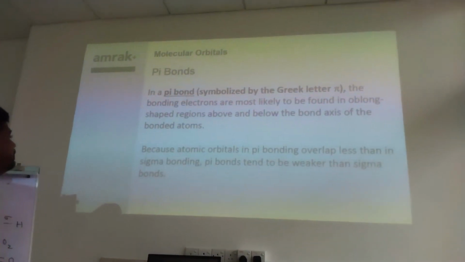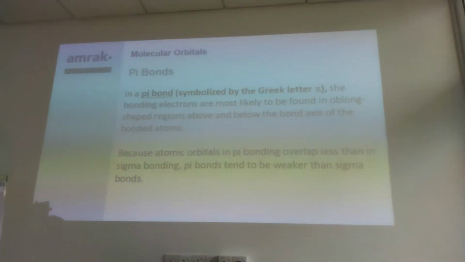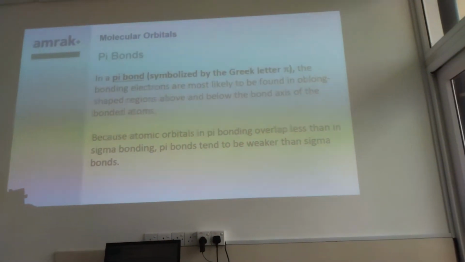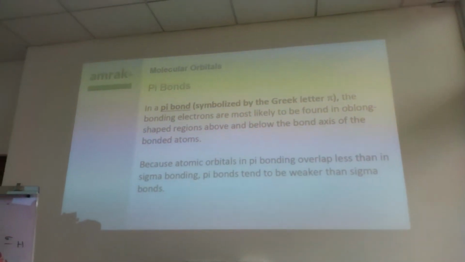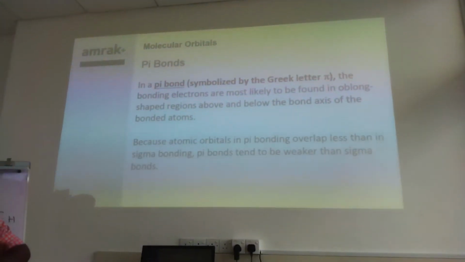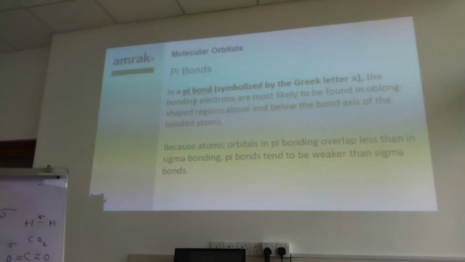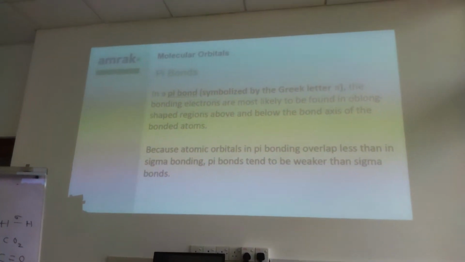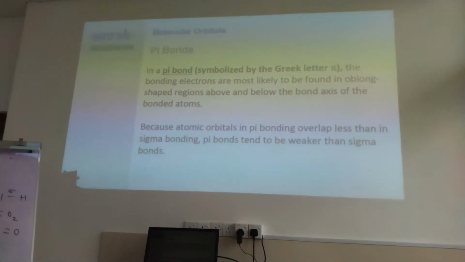In the pi bond, symbolized by the Greek letter pi, the bonding electrons are most likely to be found in oblong-shaped regions above and below the bond axis of the bonded atoms, because atomic orbitals in pi bonding overlap less than in sigma bonding. Pi bonds tend to be weaker than sigma bonds.